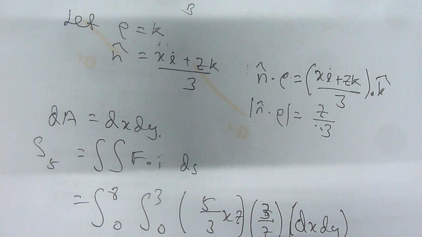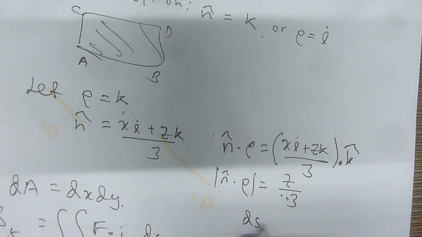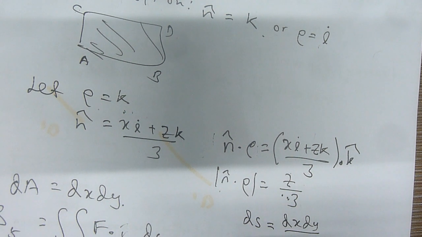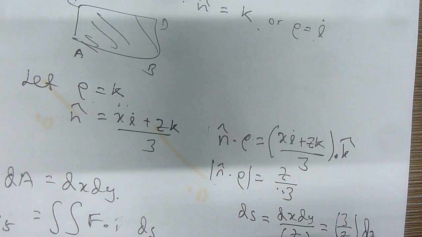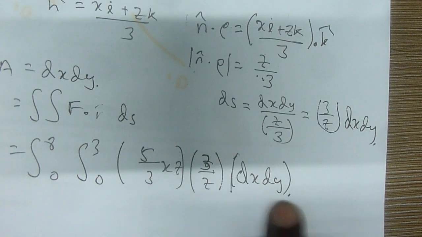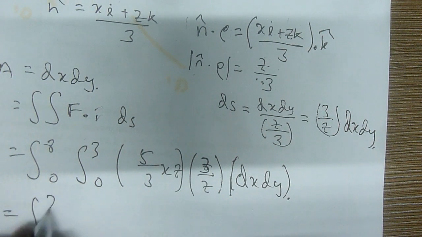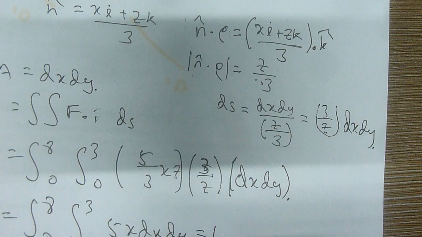Can or not? dS, remember the dS is again dx dy divided by the z over 3. Therefore it becomes 3 over z dx dy. Now therefore you get this equation. Then get back to the similar concept here. 3 0 5x dx dy, you get 180.